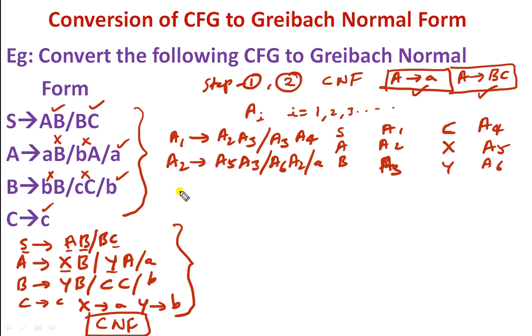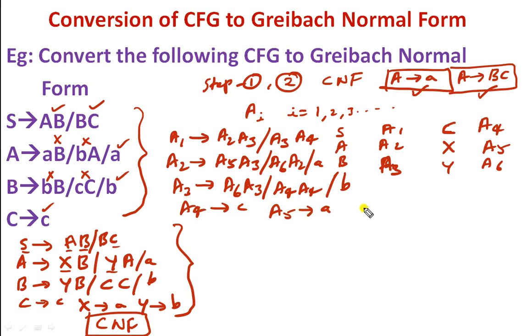Next, B. B means A3. A3 generates YB, Y means A6, B means A3, A6 A3, or C means A4, A4, or B. Next, finally, capital C means A4, A4 generates small c, capital X means A5, A5 generates small a, capital Y means A6, A6 generates small b.